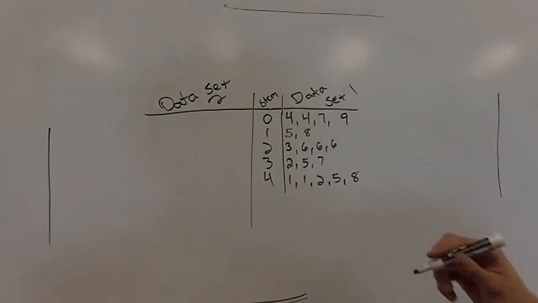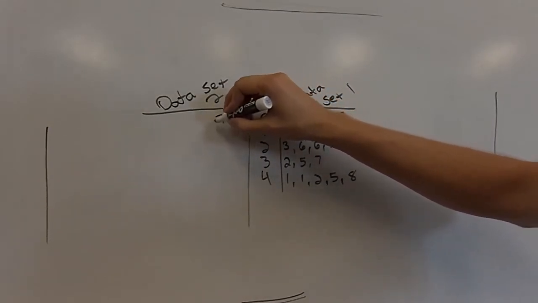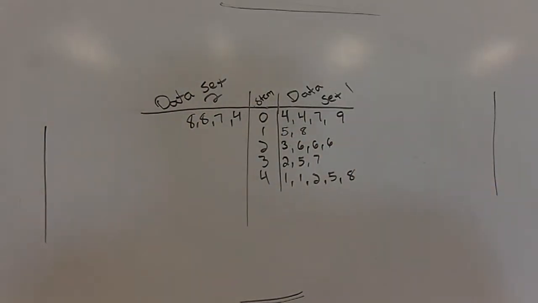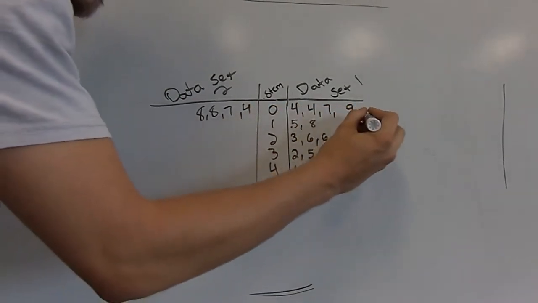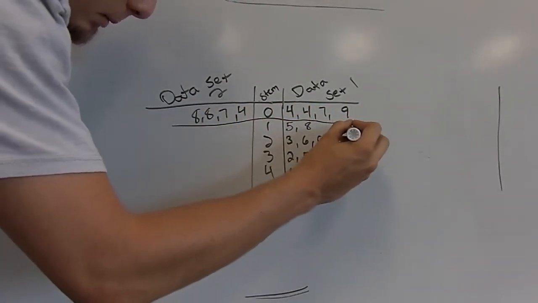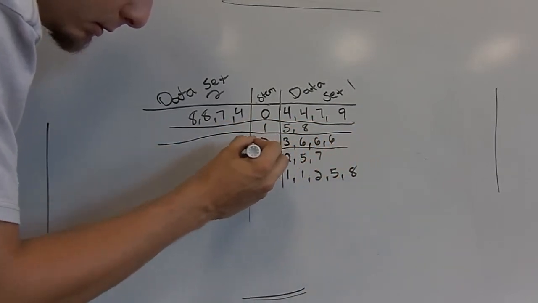And again, just write your numbers over here. So we'd have a 4, 7, 8, 8. If you want, you can put little lines to help separate things. You don't have to, but you can.